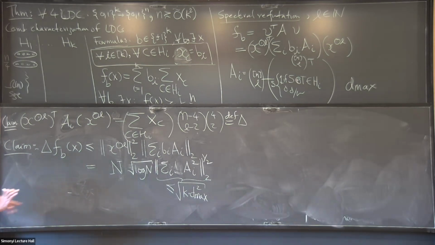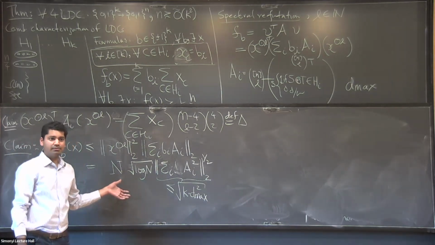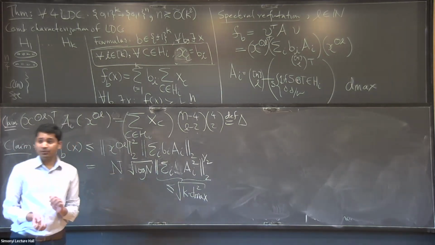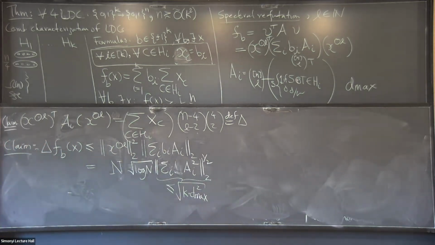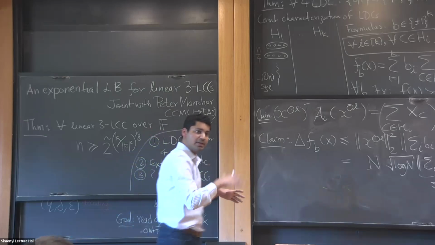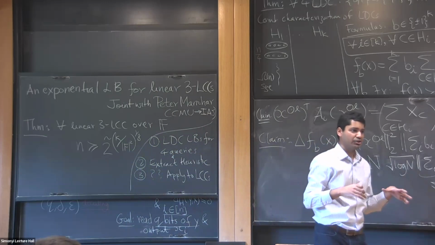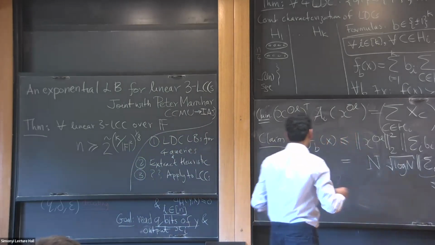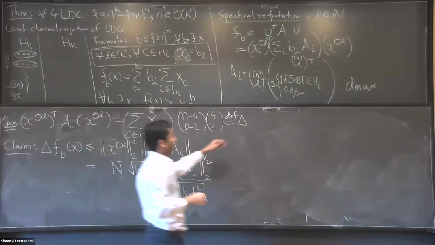So in order for this upper bound to be non-vacuous, to be interesting, you actually need that the AIs are, at least approximately speaking, regular. That the degrees of the vertices in AIs are not that different from each other.